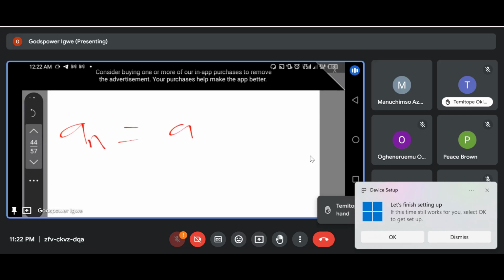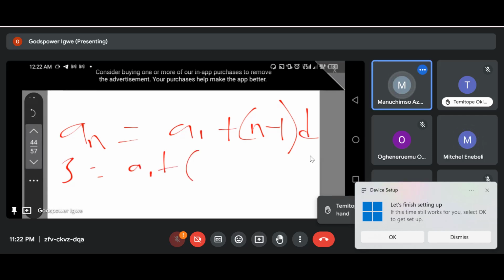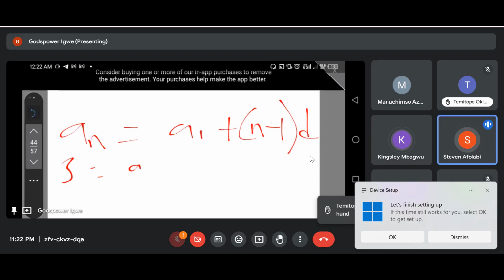A n is equal to a1 plus bracket n minus 1 d, and we choose the third term. Let him finish. We're using A3, so that A3 is going to be 8 because A3 is our third term.